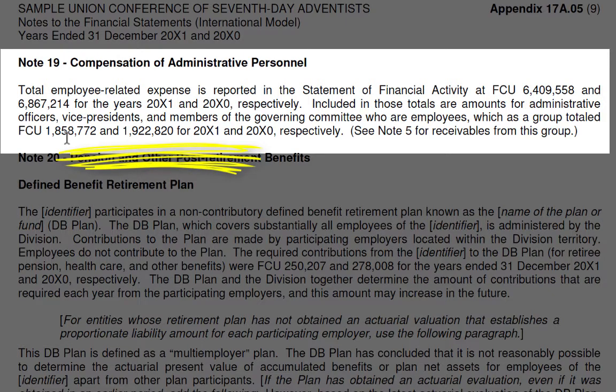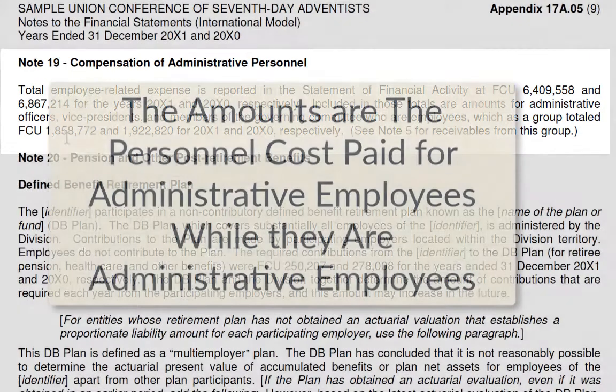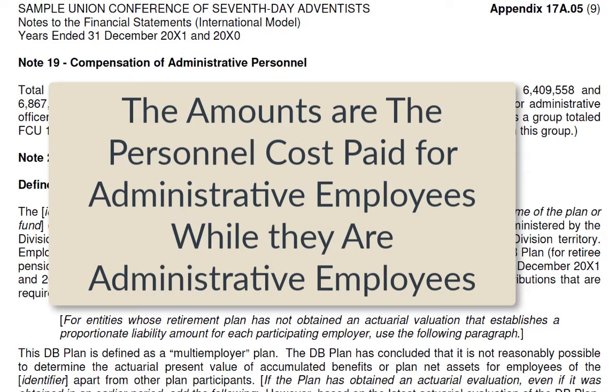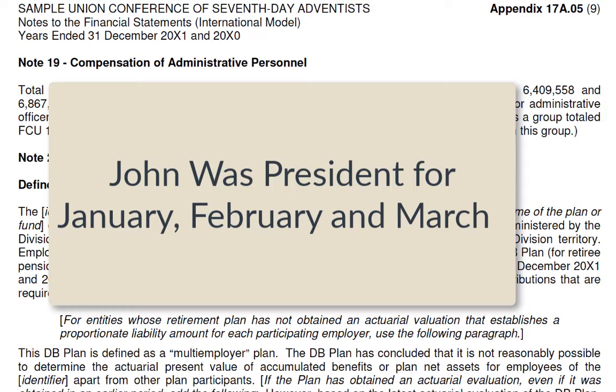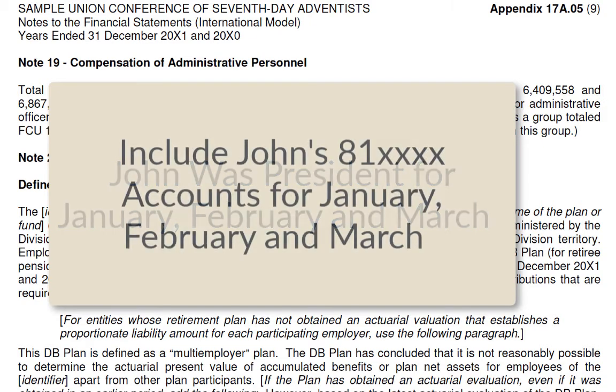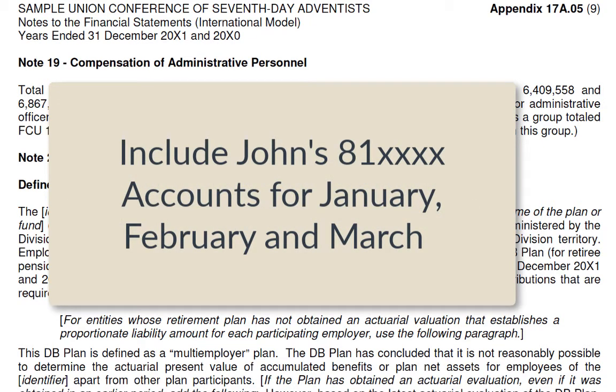Okay, this is slightly complicated, and you want to get it straight. This is the amount paid to administrative employees while they are administrative employees. So if John was the president for January, February, and March, his 81 accounts would be in this figure.